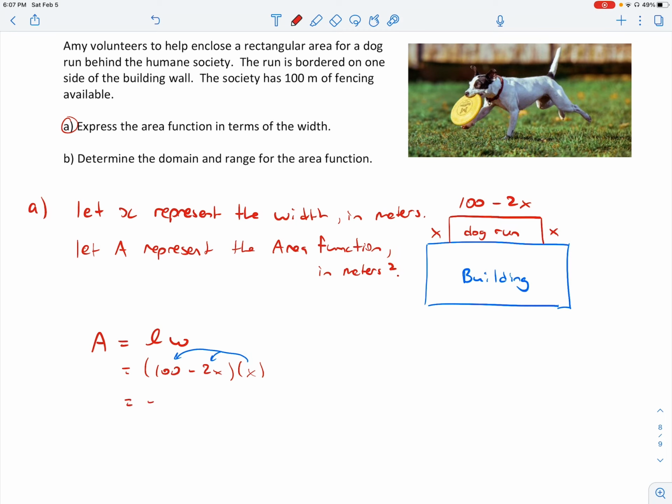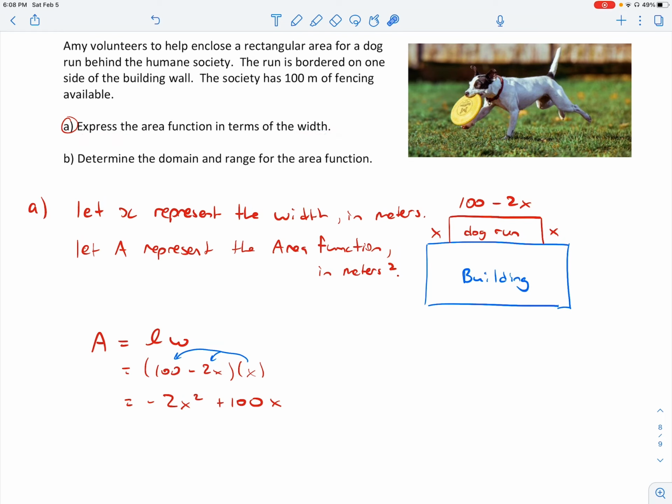That gives us negative 2x squared. And then we'll do x times 100. That gives us 100x. And this is my area function. Notice the area is in terms of the width. The width is x, and that is what we were asked to do for part A. Find the area function in terms of the width.